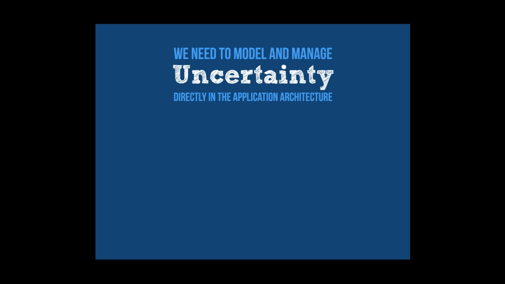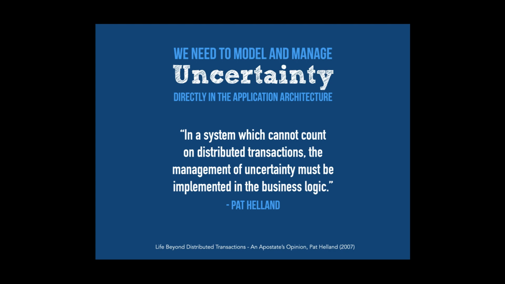We really need to model and manage uncertainty directly in the application architecture, directly in the application design. And as Pat Helland said, in a system which can't count on distributed transactions, the management of uncertainty must be implemented in the business logic. And transactions are actually often a poor option, which I'll talk more about later.